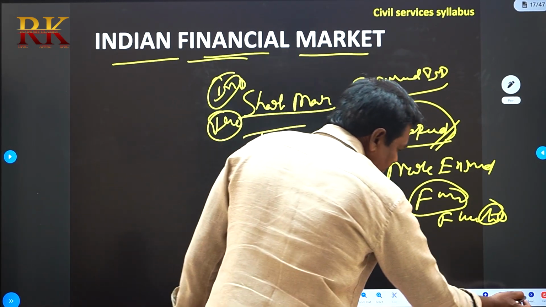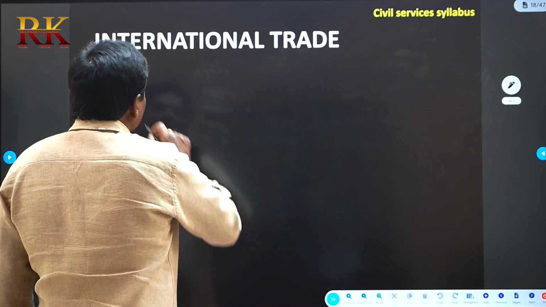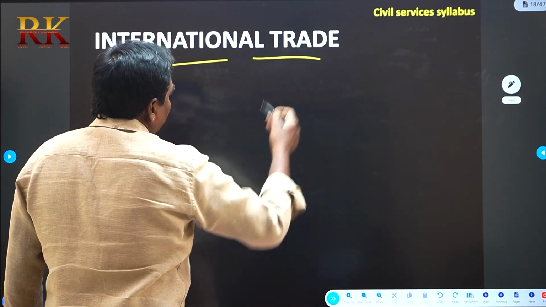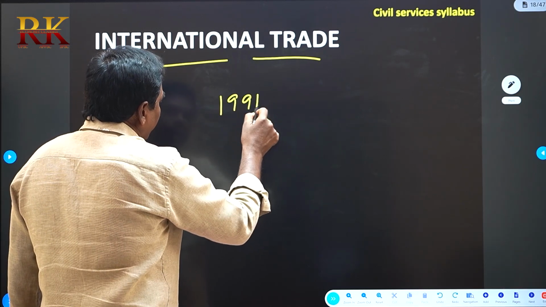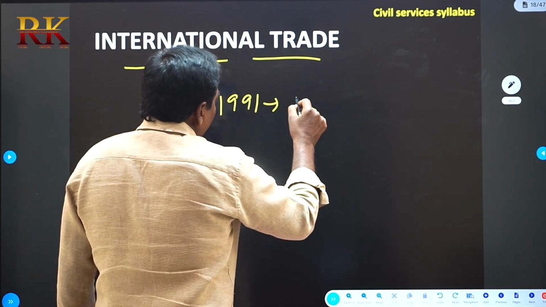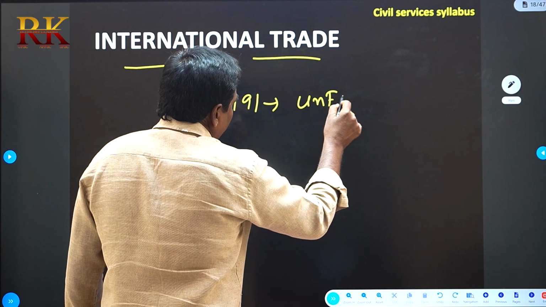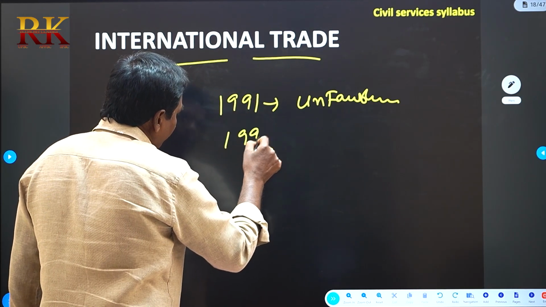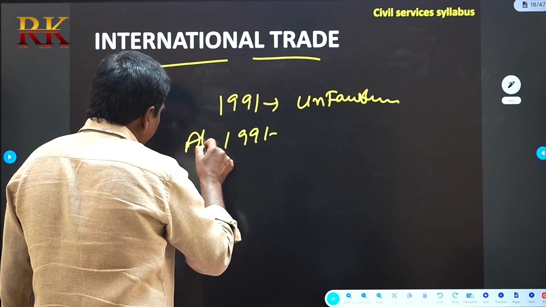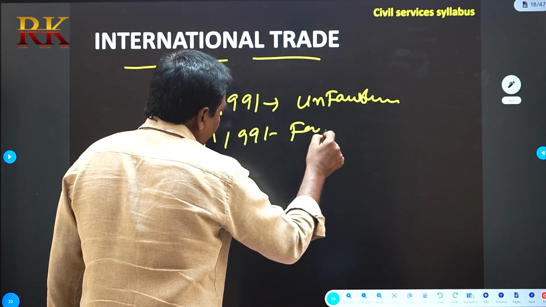Then, other than international trade: up to 1991, India had an unfavorable economy. After 1991, a favorable economy.